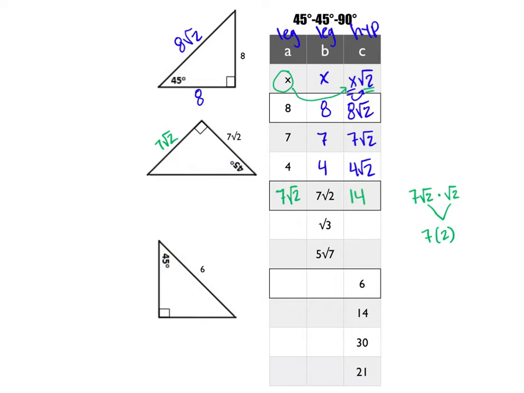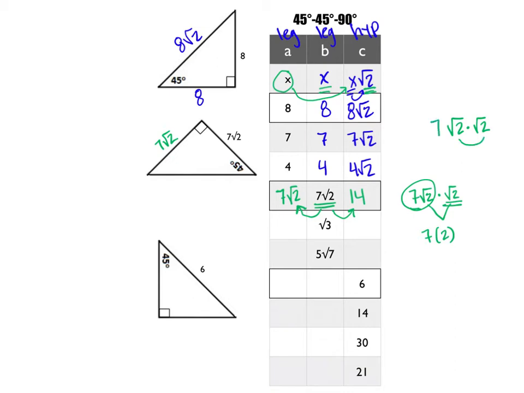So just to emphasize, whatever my leg is, the other leg's going to be exactly the same. And the hypotenuse is going to be that leg times the square root of 2. Okay, that leg times the square root of 2. And whenever you have a radical times another radical, you can multiply those.